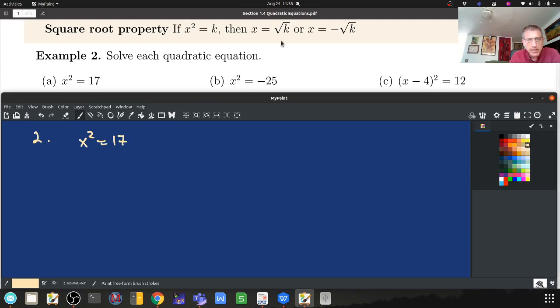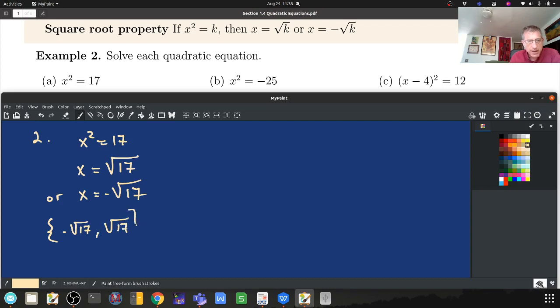So literally, I'm going to write that implies x is equal to the square root of 17, or x is equal to minus the square root of 17. Now 17 is prime, so there's no way I can simplify the radical. So the solution set here would be minus the square root of 17 and the square root of 17.